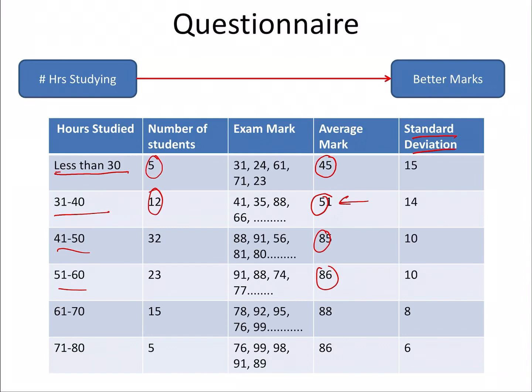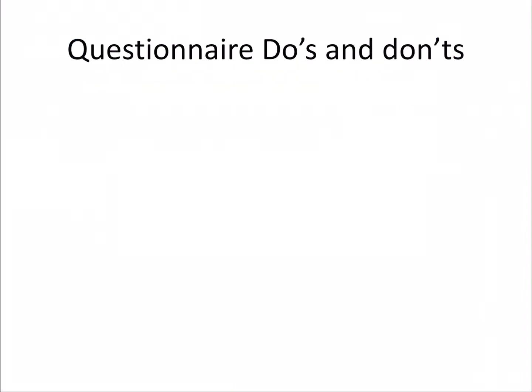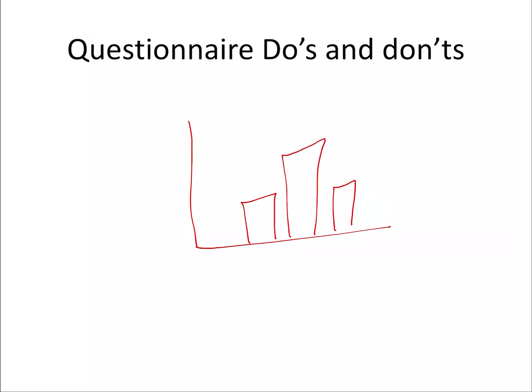And this data eventually can be graphed as well, and the graph might look something like this. And depending on what kind of graph it is, if it's a proportionality, it would be a pie chart. If you're looking at the independent and dependent variables, it could be a line graph or a bar graph like this.